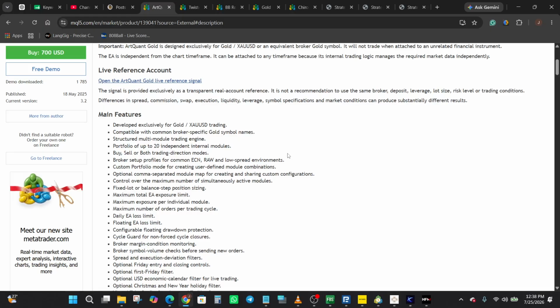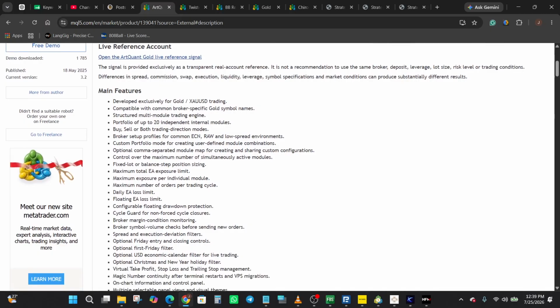It can actually manage several positions within the same cycle. You can run it with the built-in broker profiles for ECN, raw, or low spread environments, or switch to custom portfolio mode and handpick your own module combination, either by toggling switches or entering a module map manually.